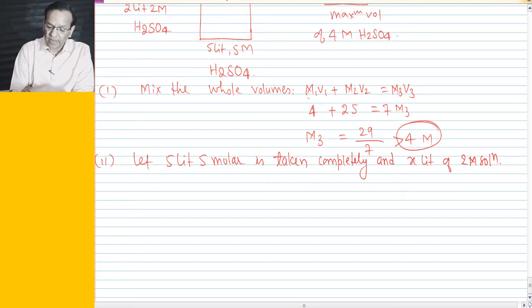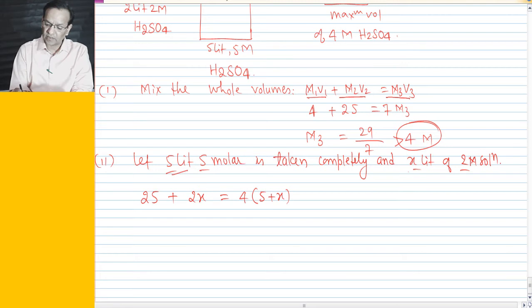Now once again, if we apply the same mixing formula, M1V1 is 5 into 5, so 25, plus M2V2, 2 into X, 2X, is equal to M3, the final molarity. Final molarity we require is 4, final volume will be 5 plus X, 5 liter of this and X liter of this.